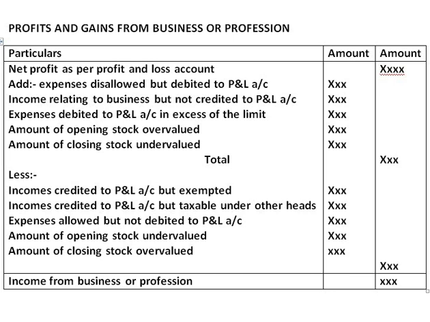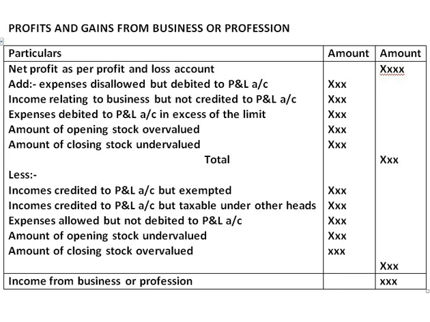You should not add 22,000, but only the amount of opening stock which is overvalued. On the other hand, if you have taken the amount of closing stock undervalued, in that case you should add only the amount which is undervalued.